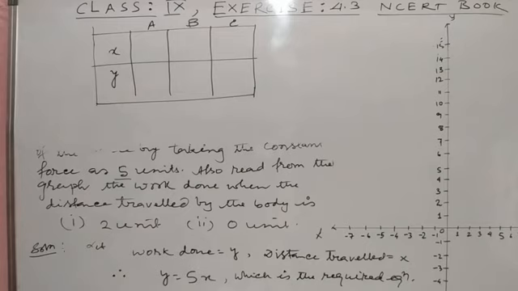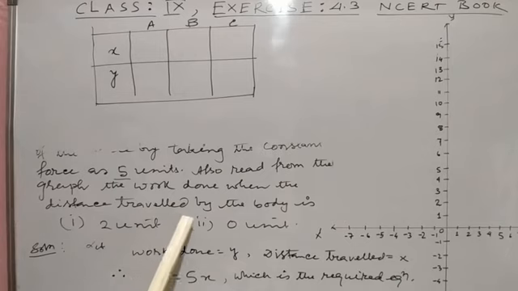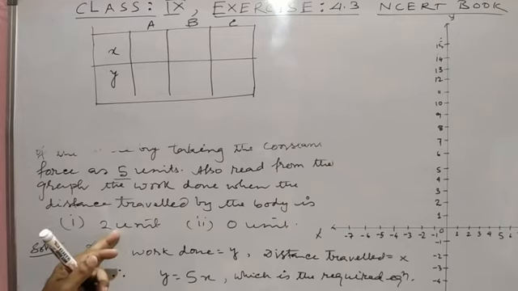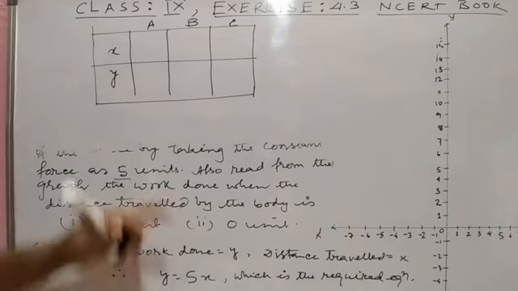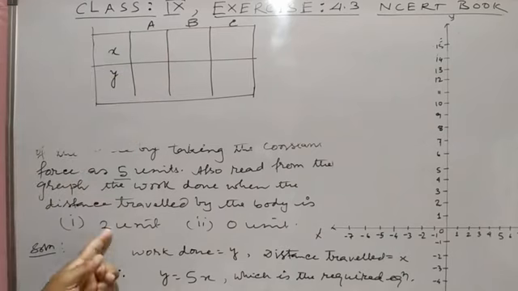Leaving these two, we will give different values. Got my point? We have to calculate from the graph the work done when the distance traveled is 2 units. That is, when x equal to 2, then y equal to 10, and when x equal to 0, then y equal to 0. That we have to read from the graph. So we will not put the value of x as 2 and 0 here.